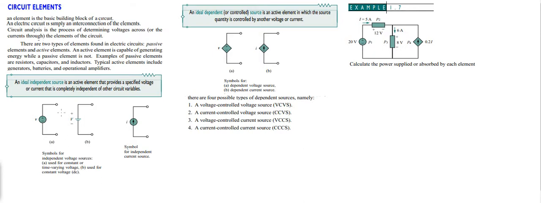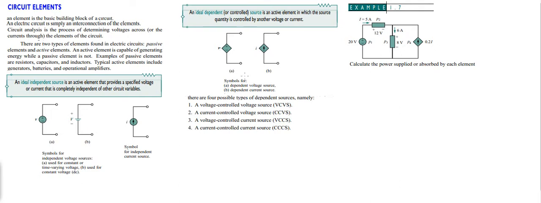So, ang pinagkaiba ng dalawang ito is the independent can stand alone, while for this dependent source, controlled siya. Meaning, yung value niya magdidepende sa kung saan siya nakadepende. The word itself, dependent.